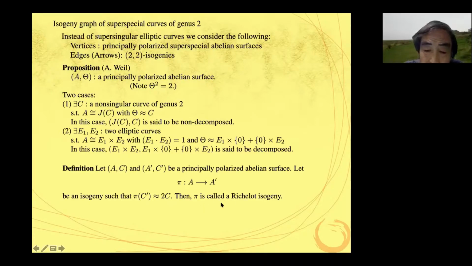This notion appeared in the 19th century; Richelot found it using elliptic integrals. In this situation, the kernel of this isogeny is isomorphic to Z/2 × Z/2. This is called a (2,2)-isogeny.